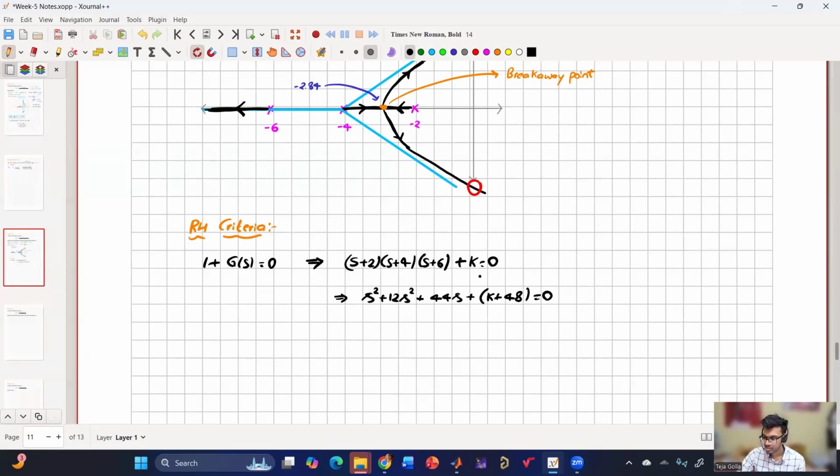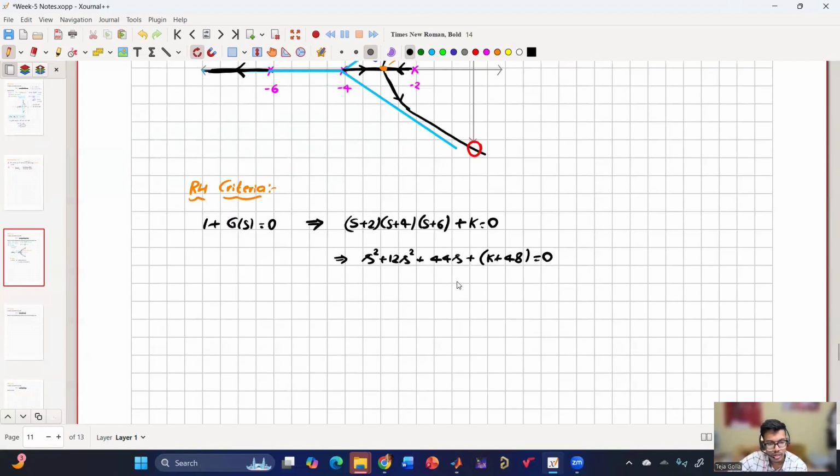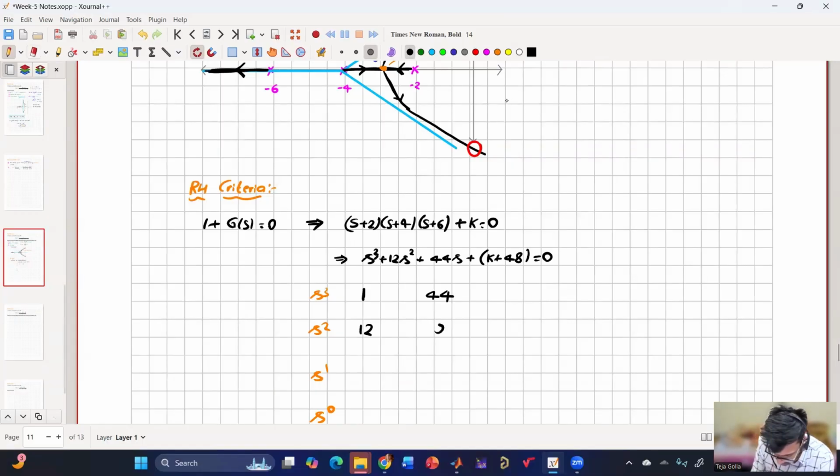Okay. So now I'll apply the Routh-Hurwitz criterion. So we'll start from s cube, then s square, s to the power 1, then s to the power 0. If you have gone through last week, you'll know we'll start from s cube. Then this will be 12, and then again here we have k plus 48.